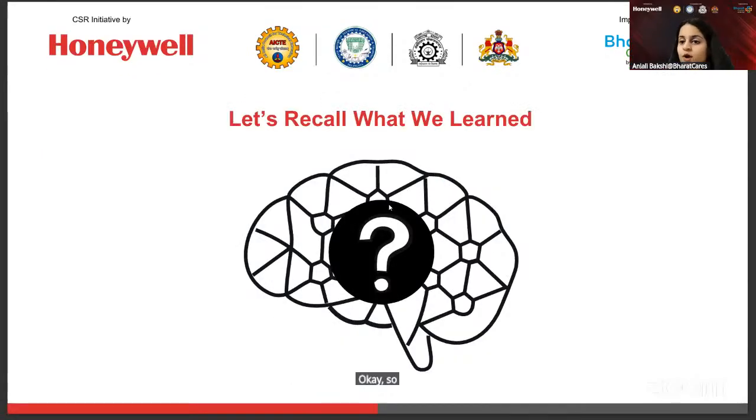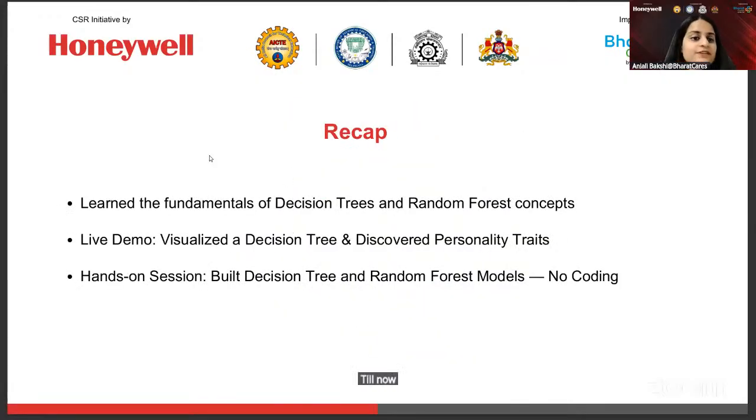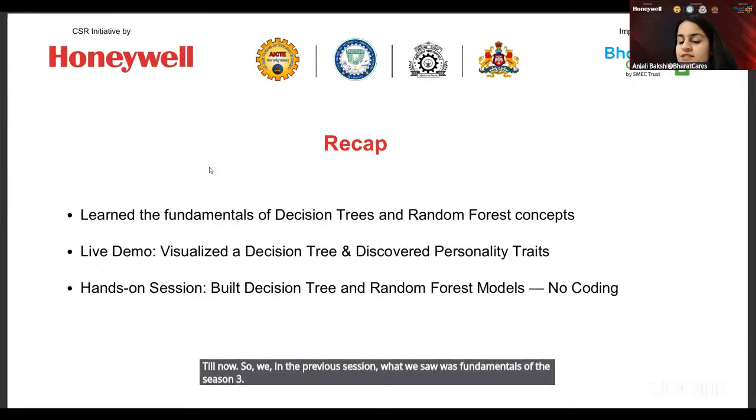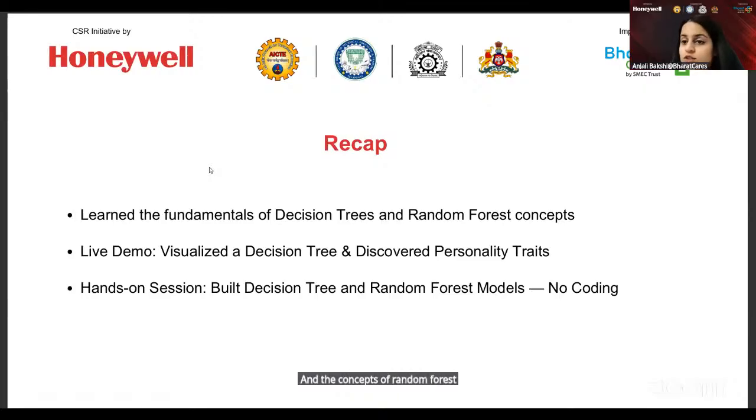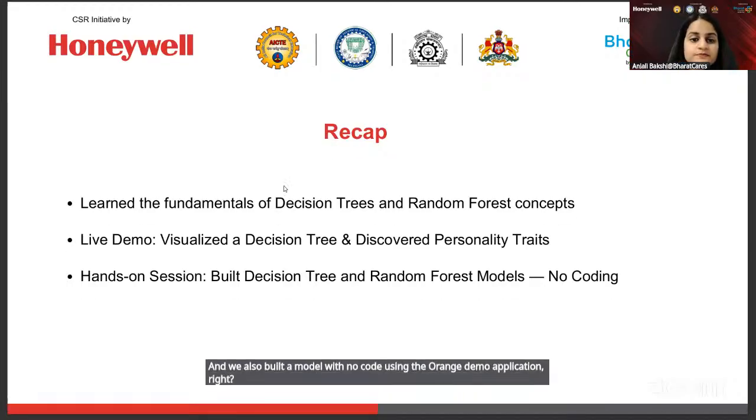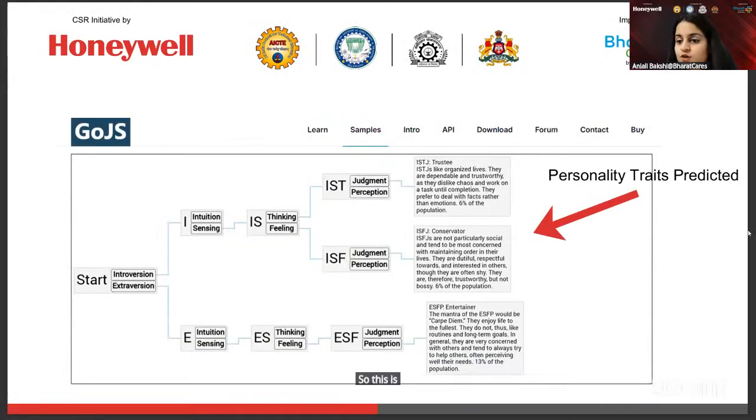Okay, so we will recall what we have learned till now. In the previous session, we saw the fundamentals of decision trees and the concepts of random forest. We also saw how a machine can help us recognize our personality traits, saw a visualization of a decision tree, and built a model with no code using the Orange application.